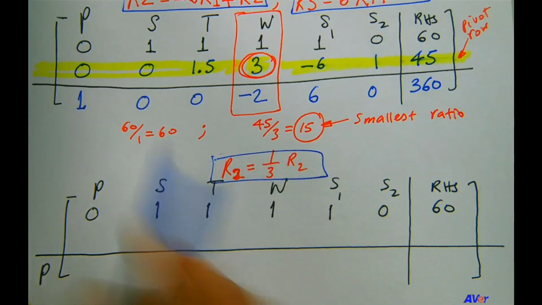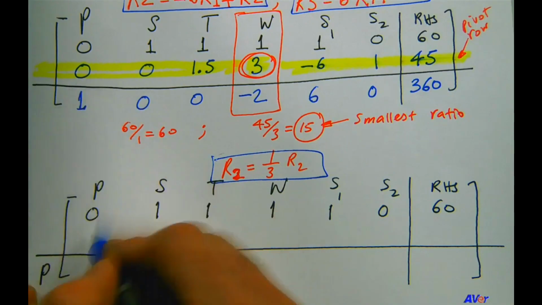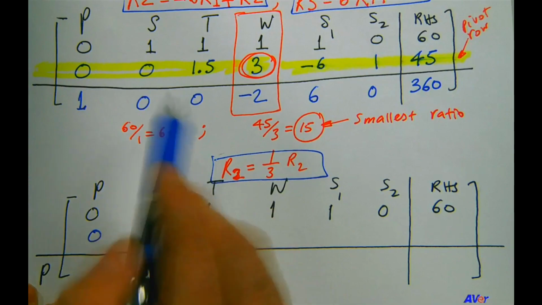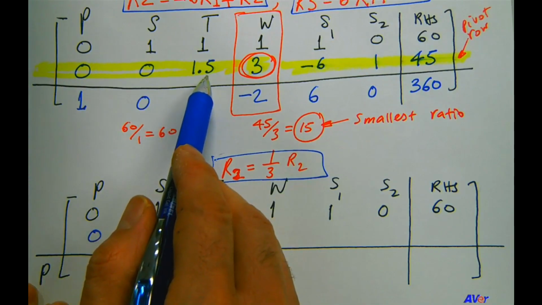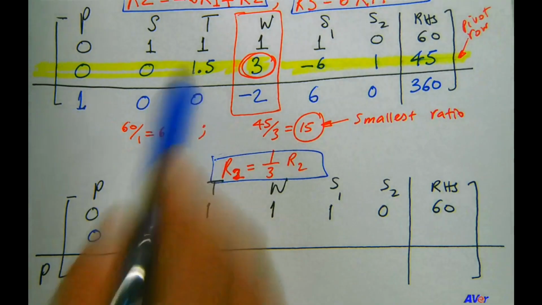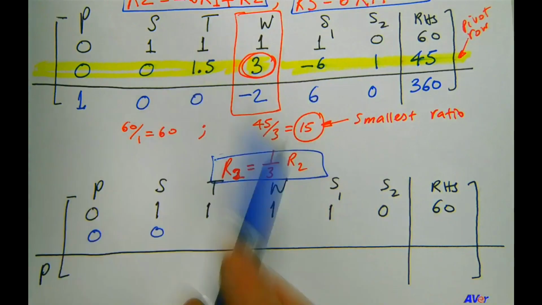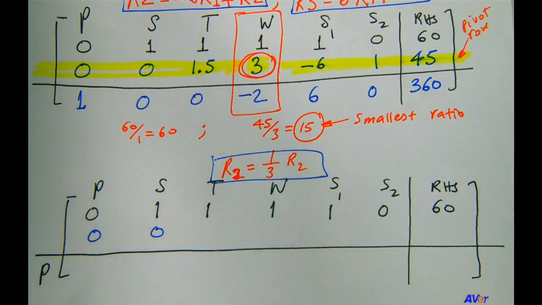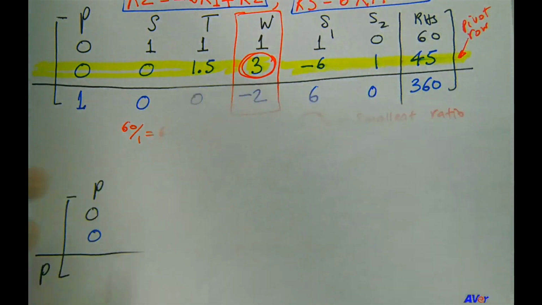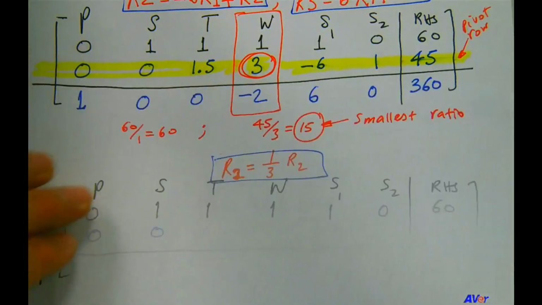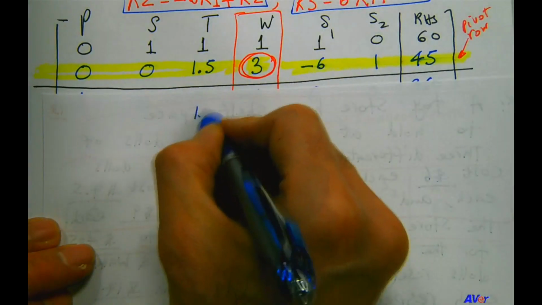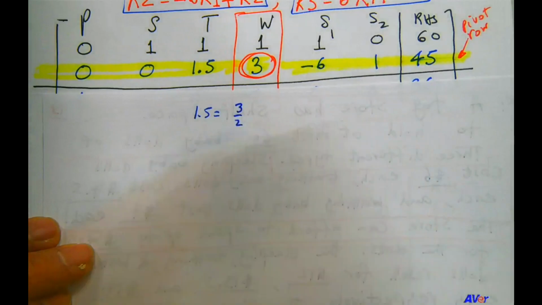Now this row operation, multiply the second row by 1/3. So 1/3 times 0, 0. 1/3 times 0, 0. That 1.5 is really 3/2, right? That's 3/2 multiplied by 1/3. So let me use a scratch paper here. So we're multiplying that row by 1/3, right? So 1.5 is equal to 3/2.